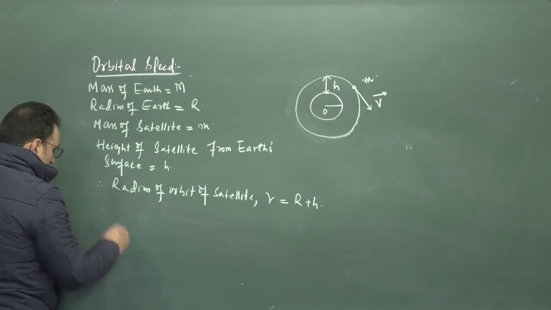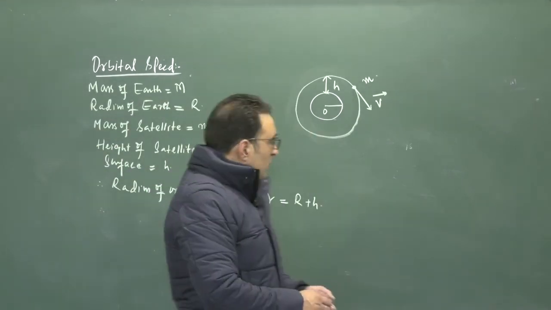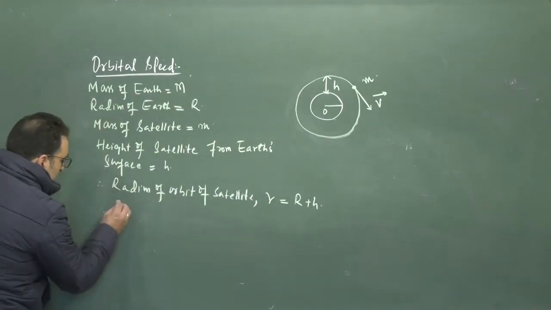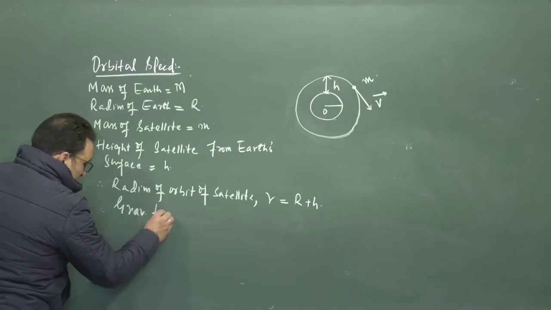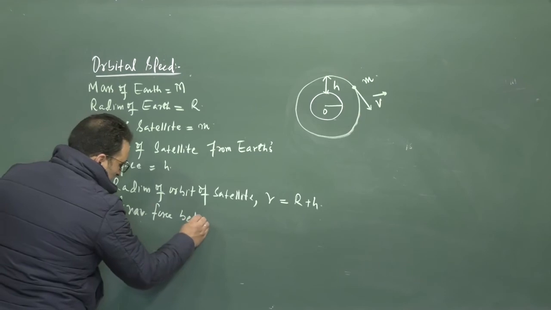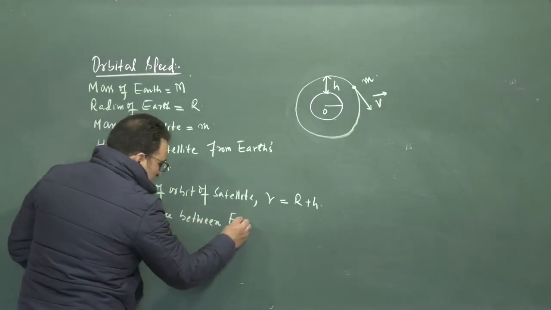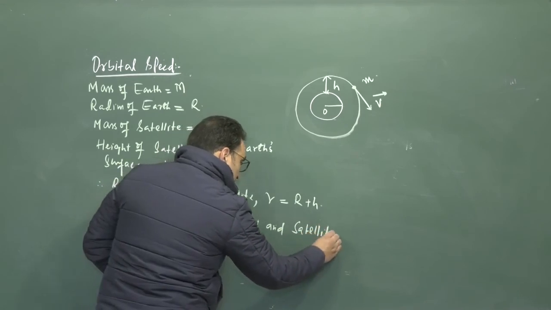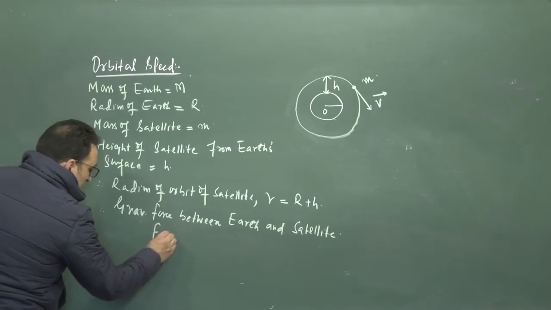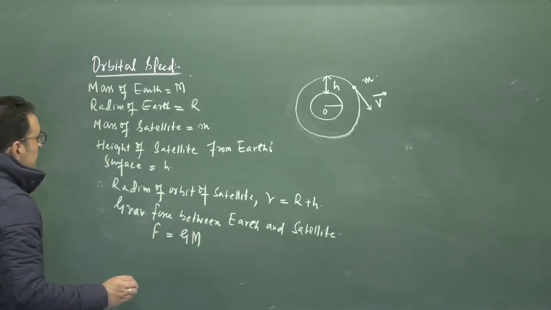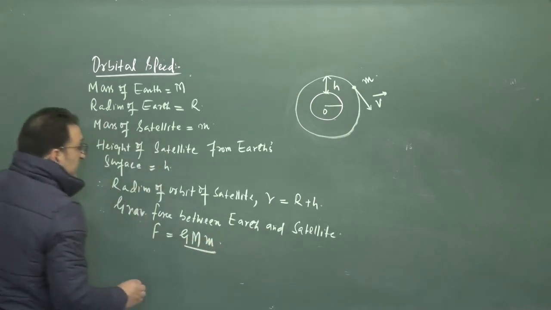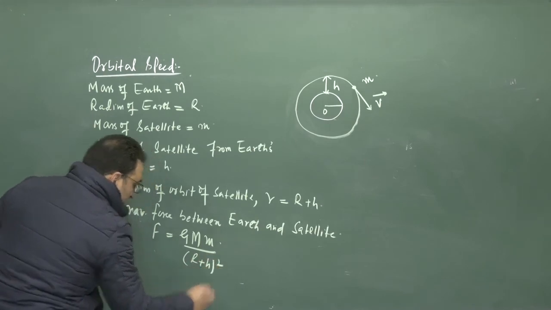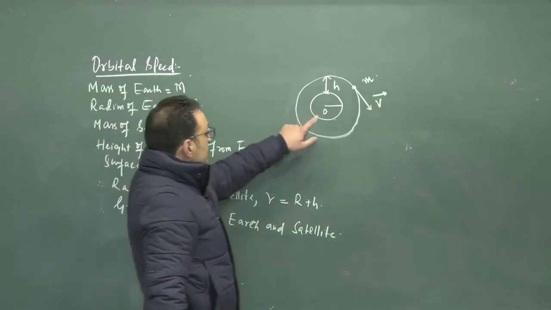Therefore, the gravitational force which the Earth will experience on this satellite, that gravitational force between Earth and satellite is given by F equals G, capital M, the mass of Earth, times the mass of satellite, divided by (R plus h) whole square, because we need to take the distance from the center of Earth to the satellite.